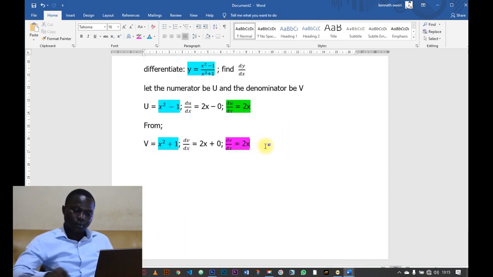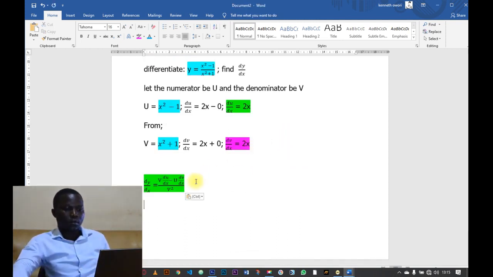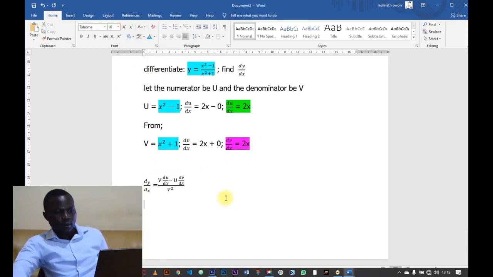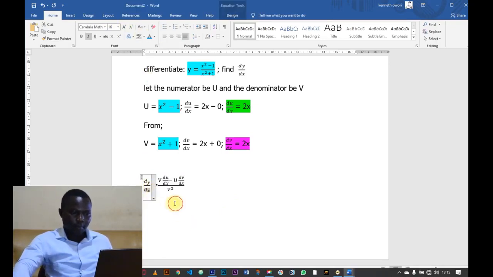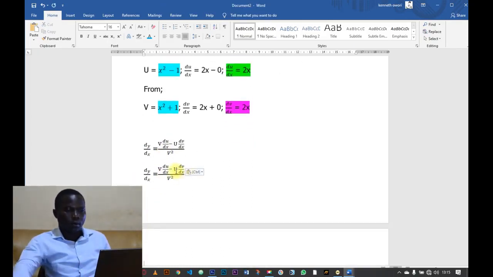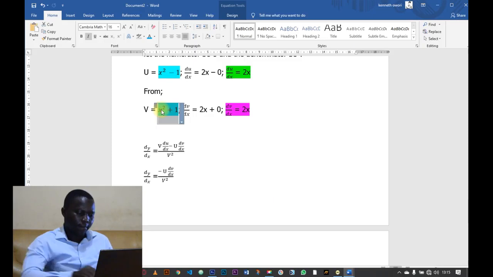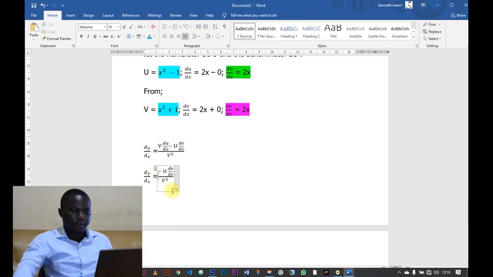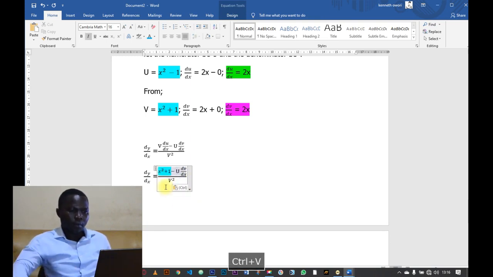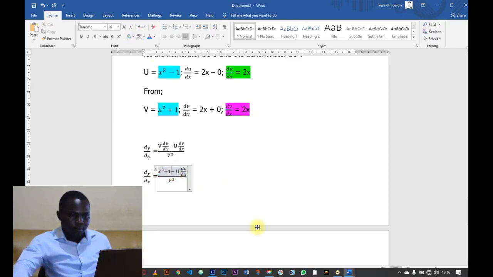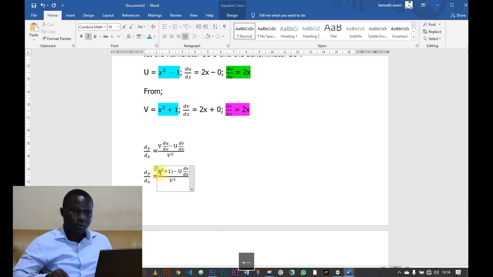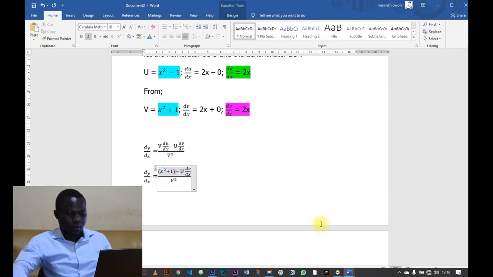Using the template to obtain dy dx, our dy dx would be v, which is x squared plus 1, times du dx.